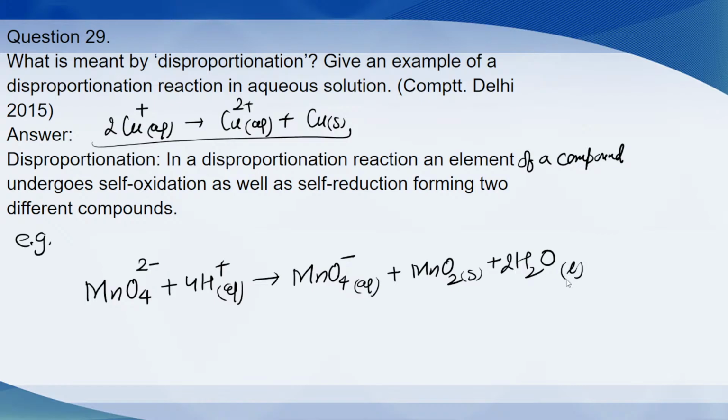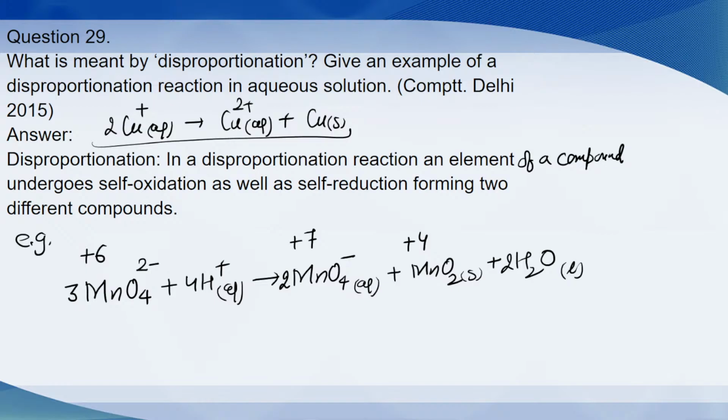In MnO4 2 negative, the oxidation number of manganese is +6. In MnO4 negative it is +7, a change of 1, and in MnO2 it is +4, so the change is 2. That's why it should be 2 and it is written as 3. 3 MnO4 2 negative plus 4H plus ion to give 2 MnO4 negative plus MnO2 plus 2H2O.